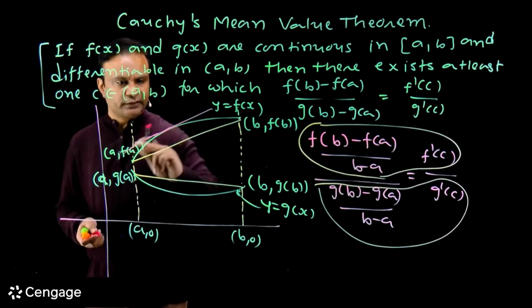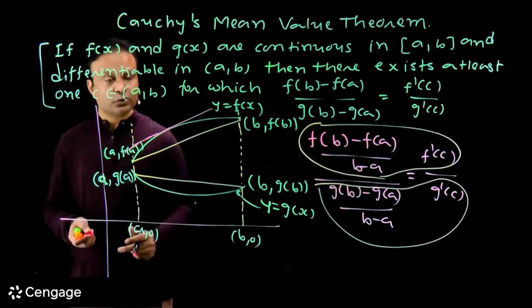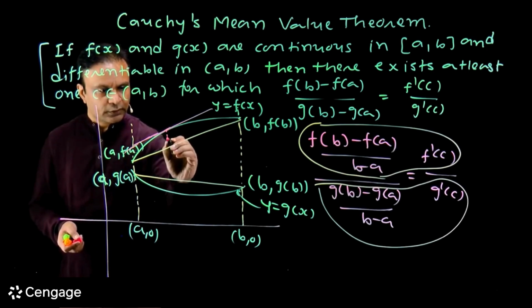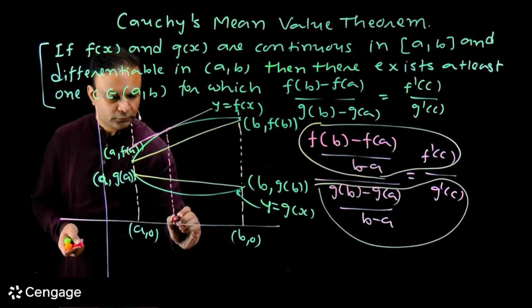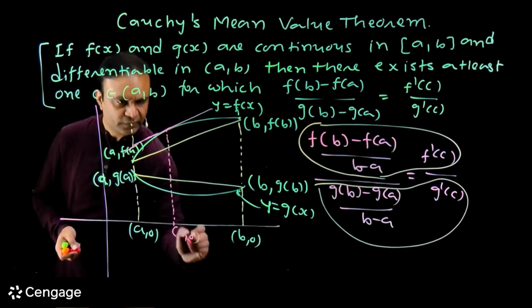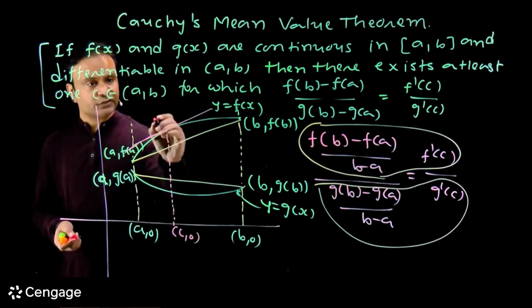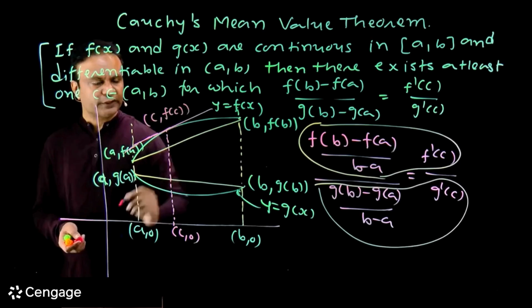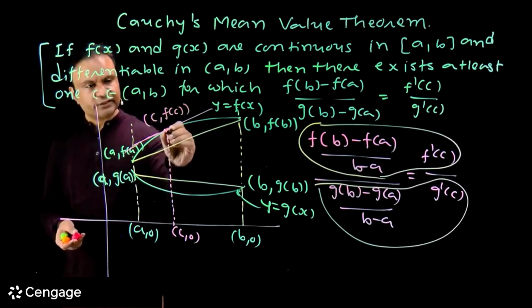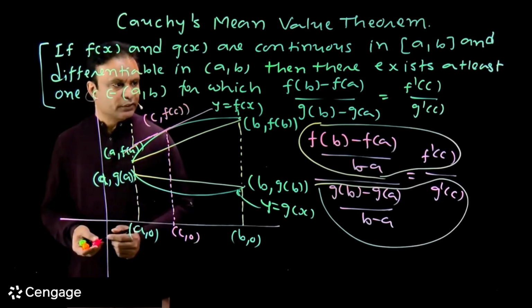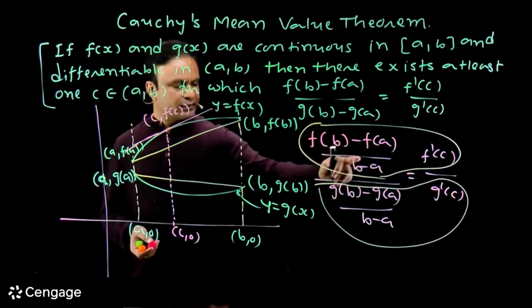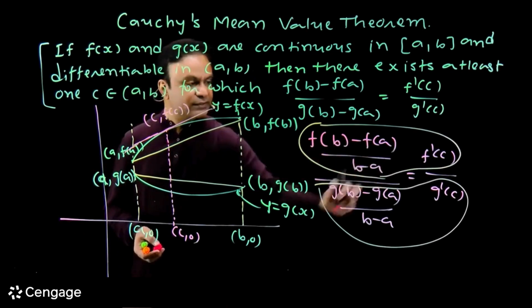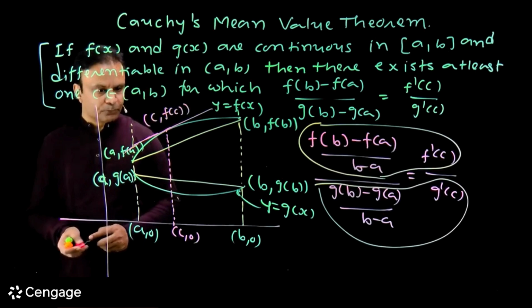At this point, this tangent line is parallel to chord AB. This is point (c, 0), and on the graph of function y is equal to f(x), this point is (c, f(c)). The slope of tangent at this point is f dash c. So we have (f(b) minus f(a)) upon (b minus a) is equal to f dash c.